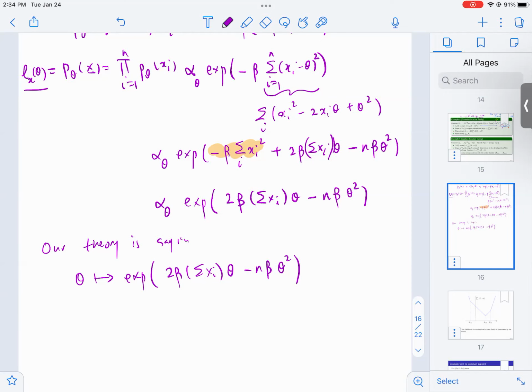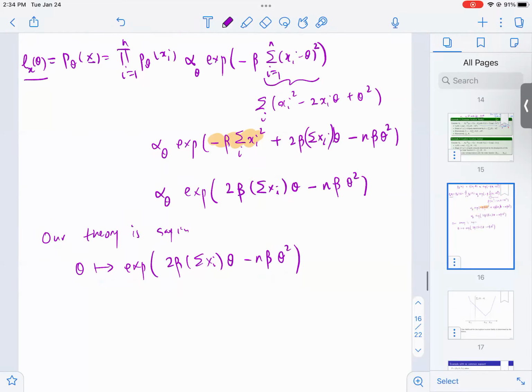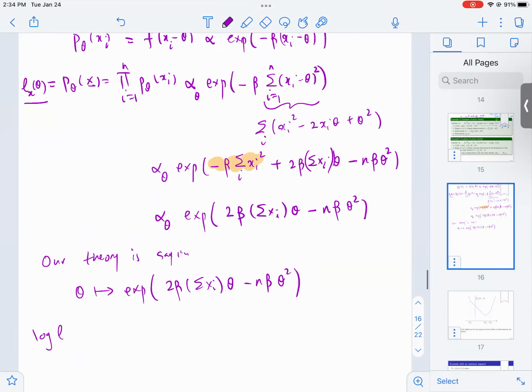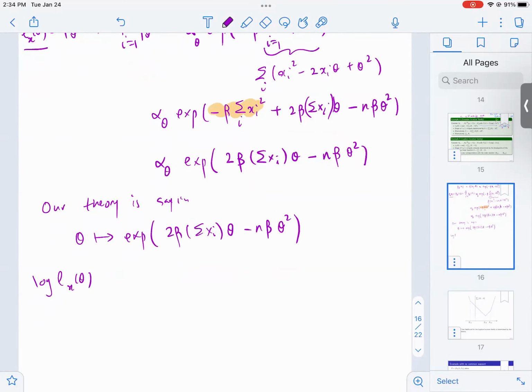And I can do various things. I could have looked at the log likelihood, right? Log L(x; theta).